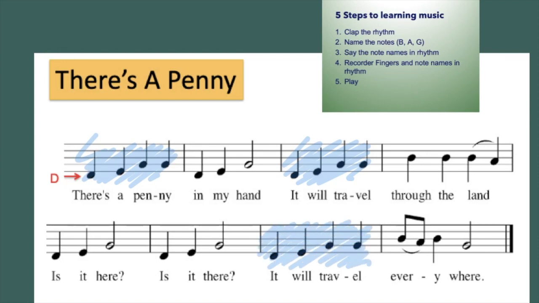Here it is again. Well, what about this one? D, E, G, E. Do we see that anywhere else? Well, that's down here and here. So each of these patterns happens 3 times.